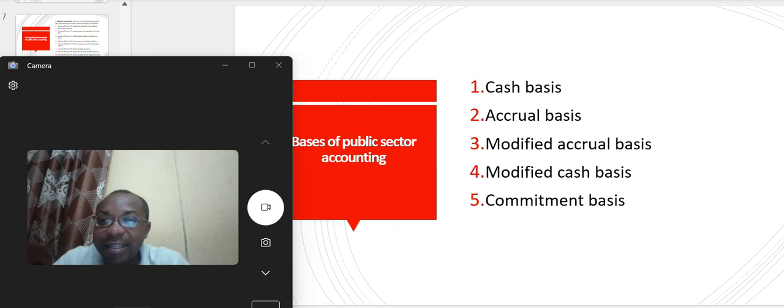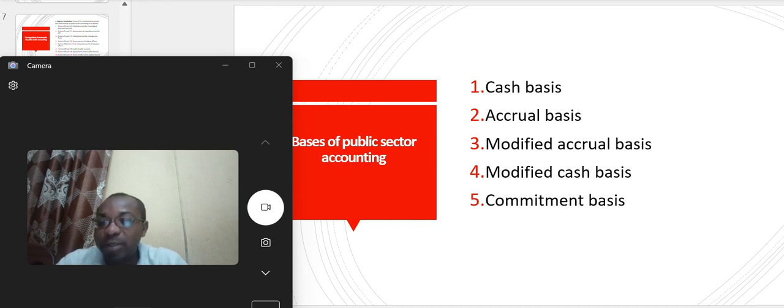Once it is agreed that an expenditure will be incurred, at that particular point a commitment is made, and it will be recognized in the books of account. Commitment basis has its own advantages, and it has its own shortcomings too.